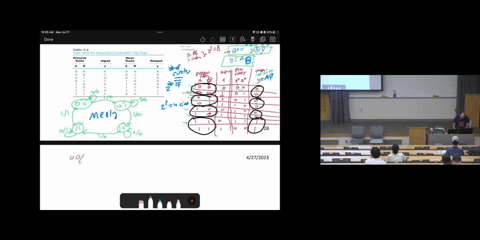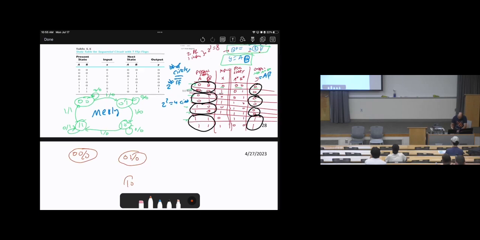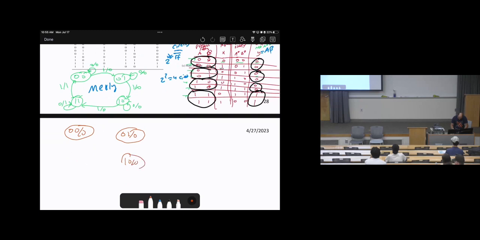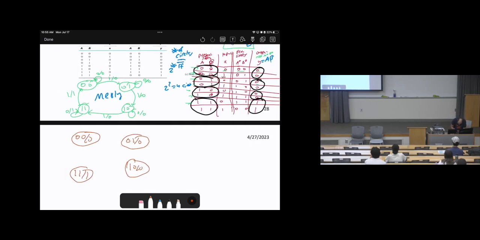It will be 0 0 over 0, this circle. Here is 0 1 over 0. 1 0 over 0. 1 1 over 1. That's the difference. Then if the input is 0, it will remain here. If the input is 1, it will go here. If the input is 0, it will remain here.